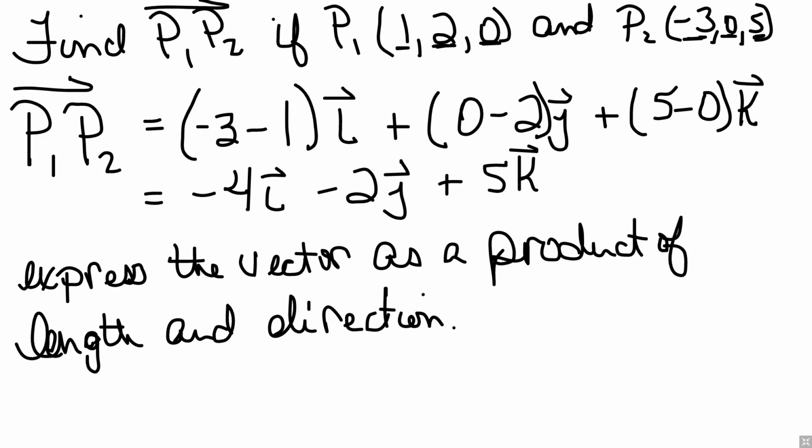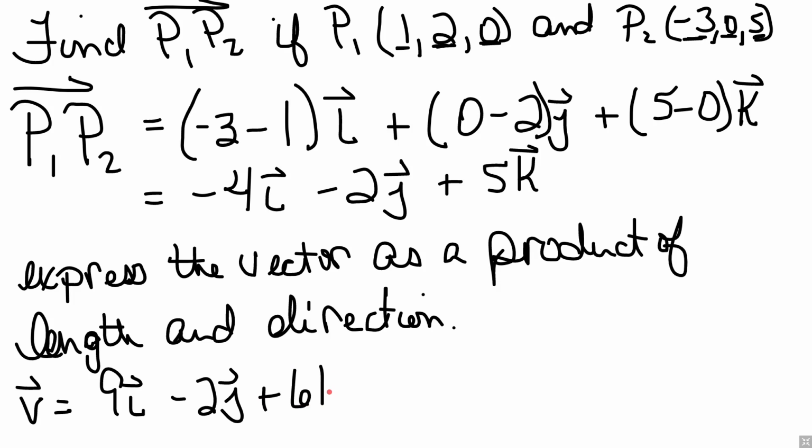Okay, so we have vector v, which is defined as 9 in the i direction, minus 2 in the j direction, plus 6 in the k direction.